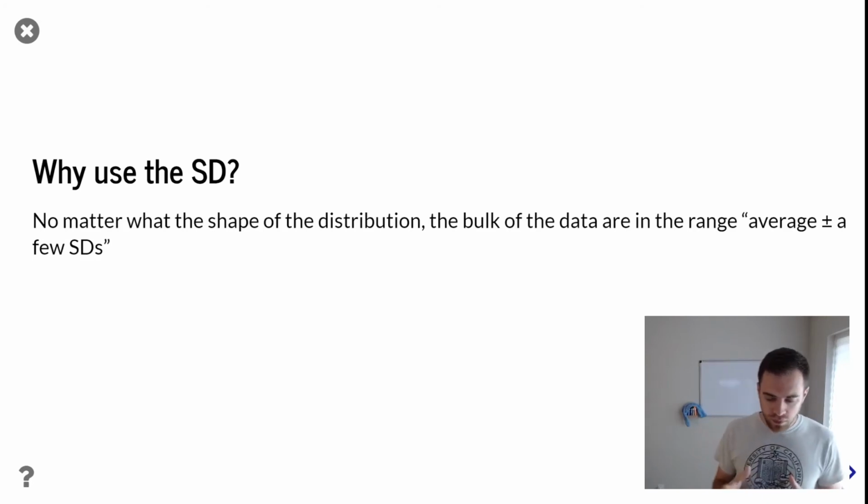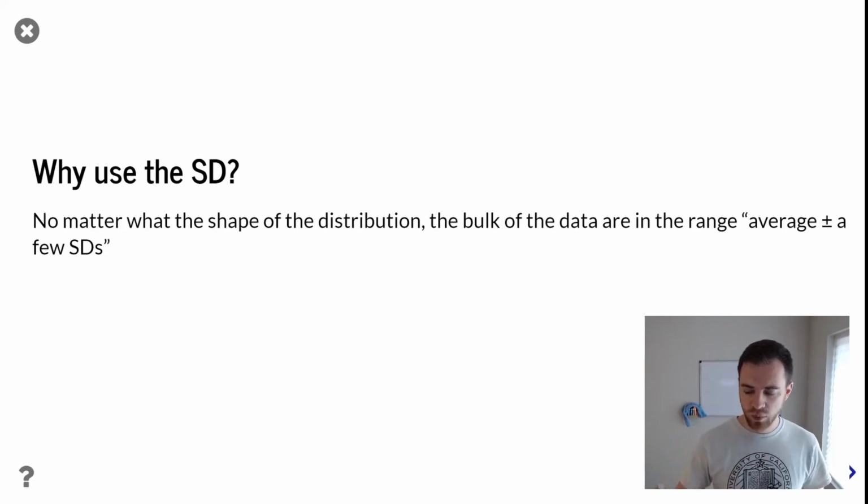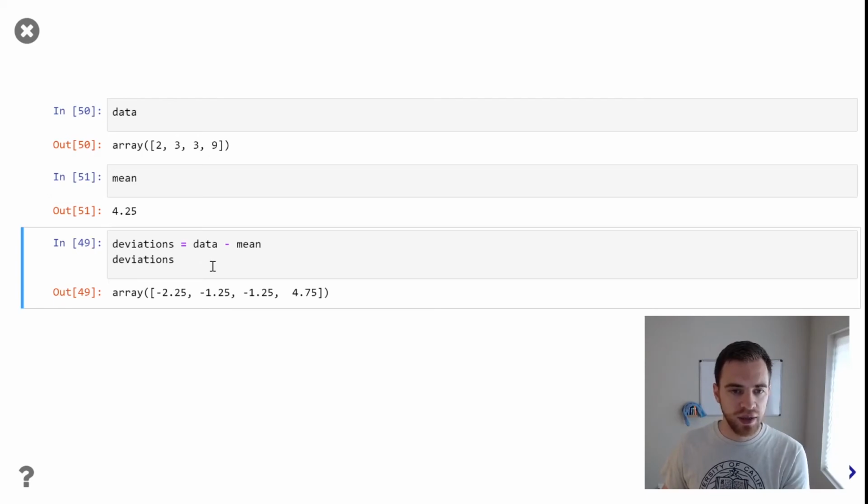So the key here is, why do we use the standard deviation? Remember, I said one thing we could do is take each of the deviations, take the absolute value, and then take the average of that. That's something called the mean absolute deviation from the mean.